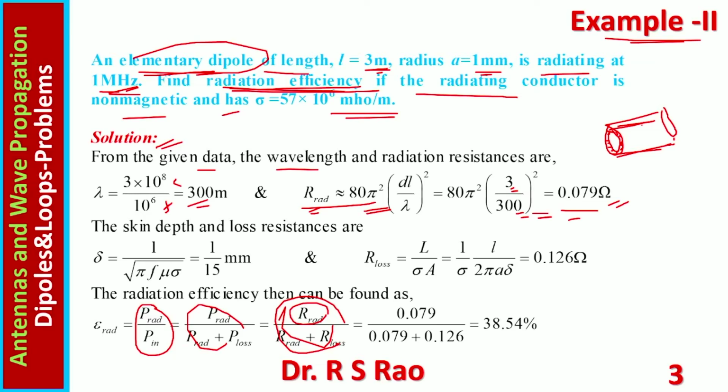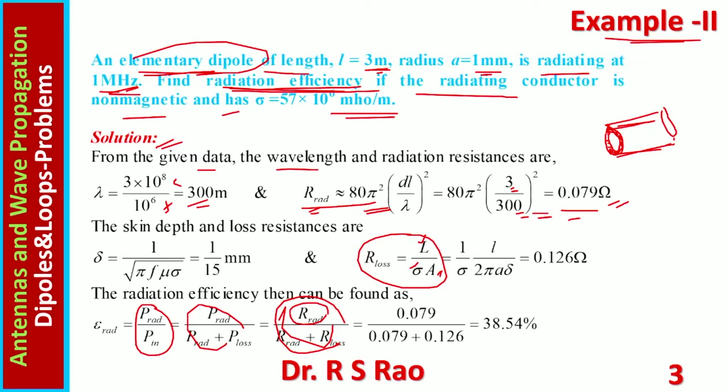It can be computed using the formula given here. R loss is the length of the conductor, dipole, divided by conductivity into cross-sectional area. Here the area is the area of this thin layer.